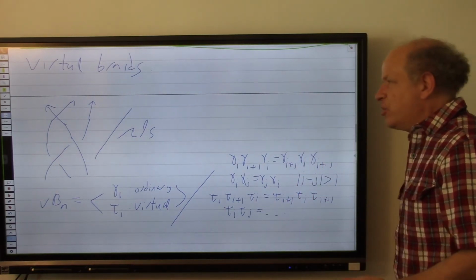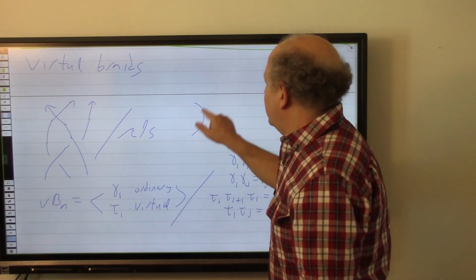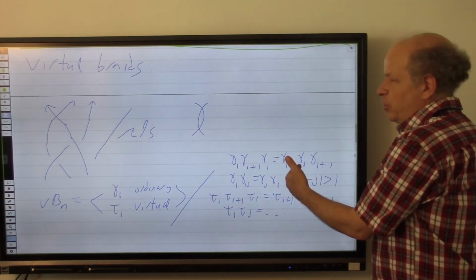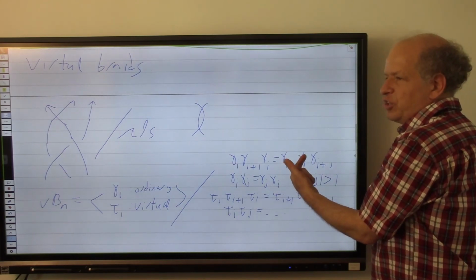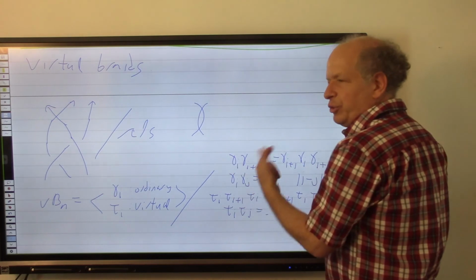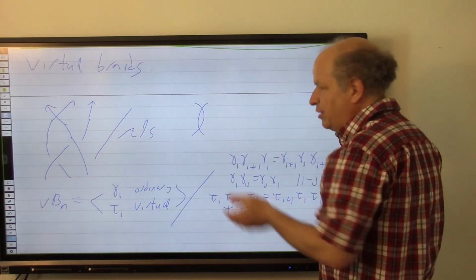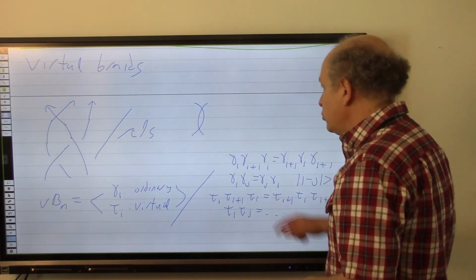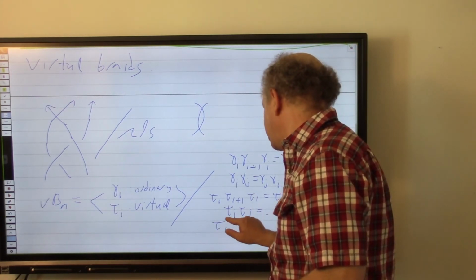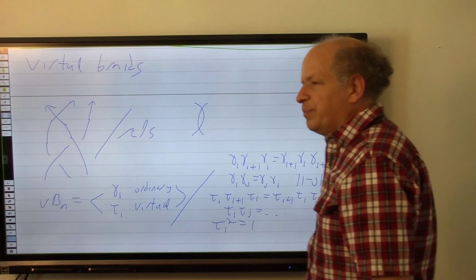And then a third relation, namely Reidemeister 2. Reidemeister 2 was not written for ordinary crossings because for ordinary crossings it was gamma_i times gamma_i inverse is equal to the identity. For taus, it's just tau_i squared is equal to 1.